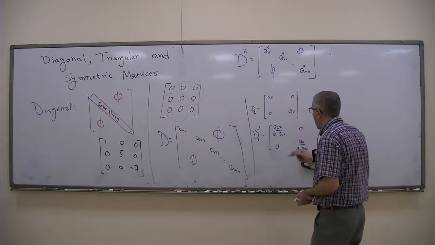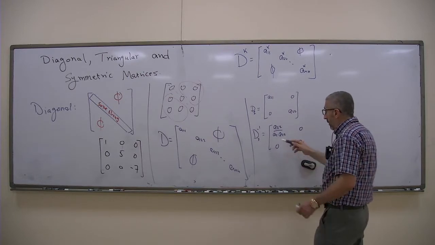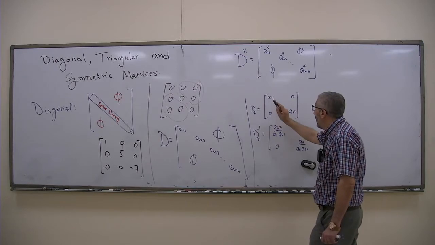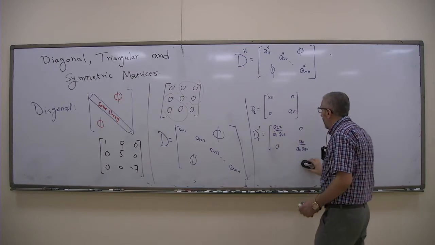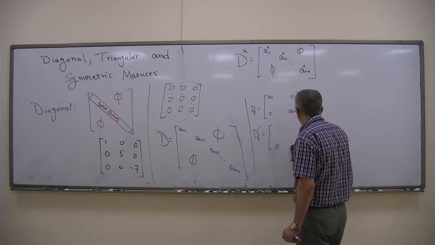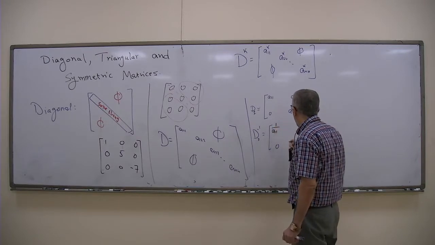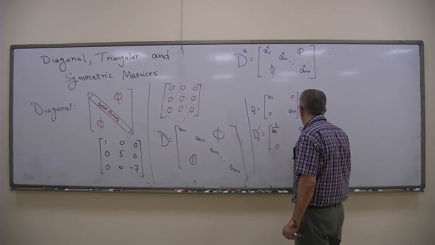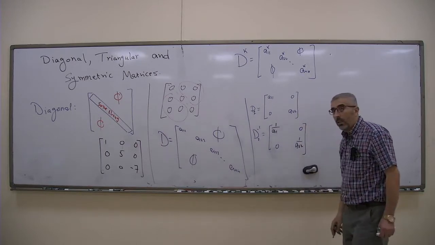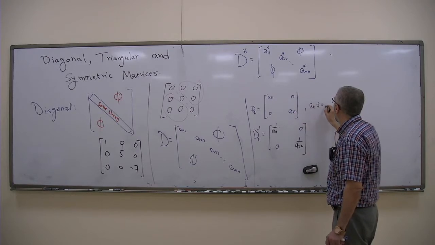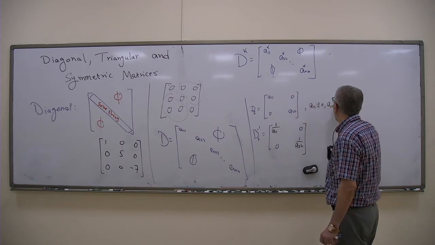So what is this? Cancel A22 with A22. Well, first, A11 A22 has to be non-zero. So this should be non-zero, this should be non-zero. In that case, what do you get? You get 1 over A11, 1 over A22. Correct? Provided that A11 is not 0, A22 is not 0.